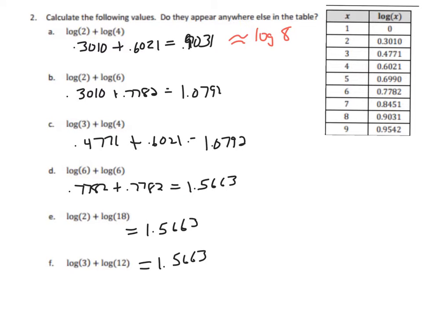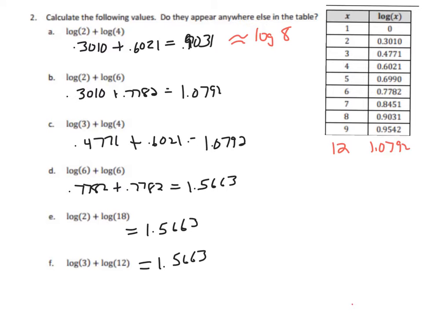Alright, so if you did this, log of 2 plus log of 6 turns out to be 1.0792, which on the previous table on the previous page, if you look at log of 12, is 1.0792.